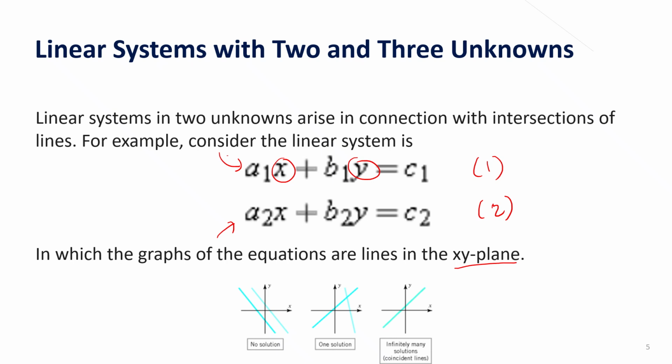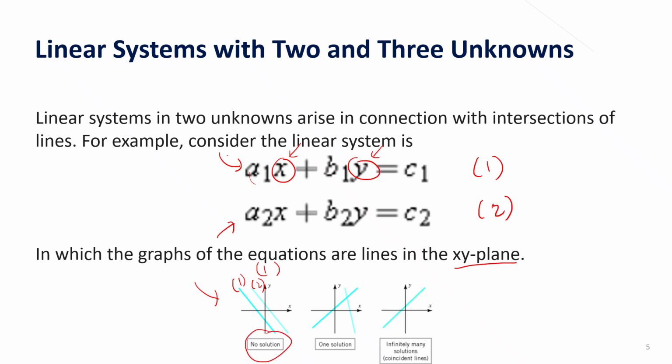Without knowing the exact values of the coefficients as well as the variables here, when we try to find the values of x and y, there will be three possible outcomes. First, when these two linear equations have no solutions, meaning they do not intersect one another. For example, if this one is line 1 and this one is line 2, there is no intersection between these two lines, so you cannot find a solution for this linear equation system.